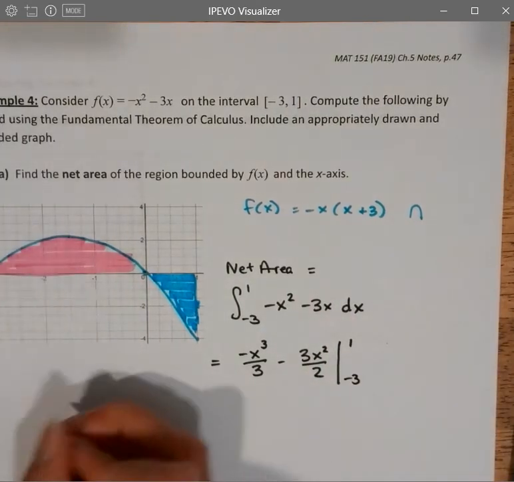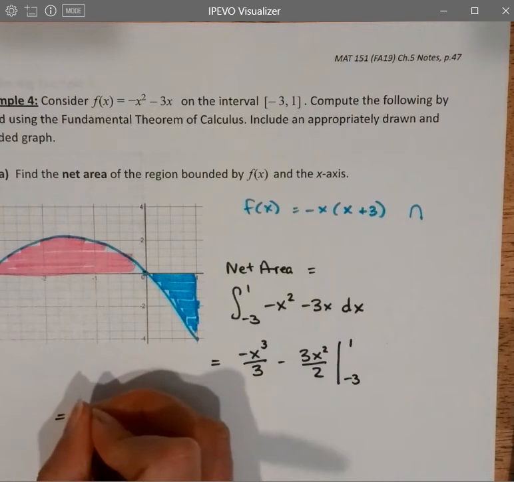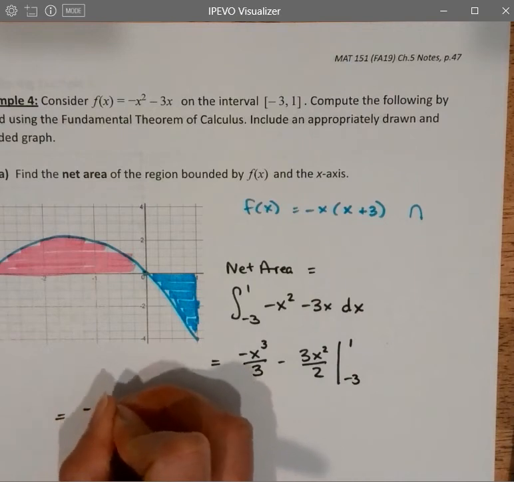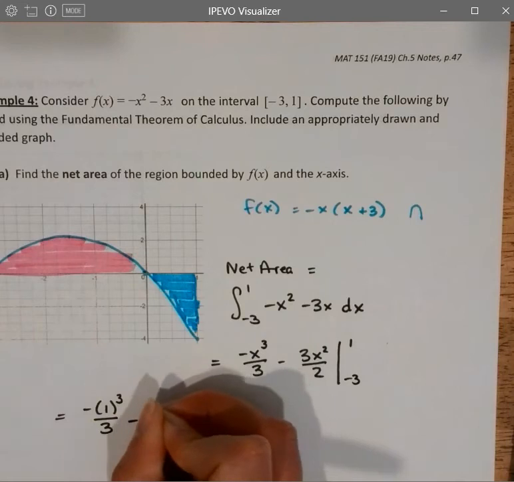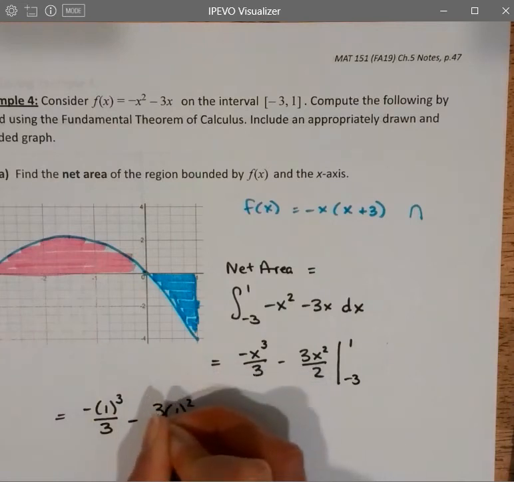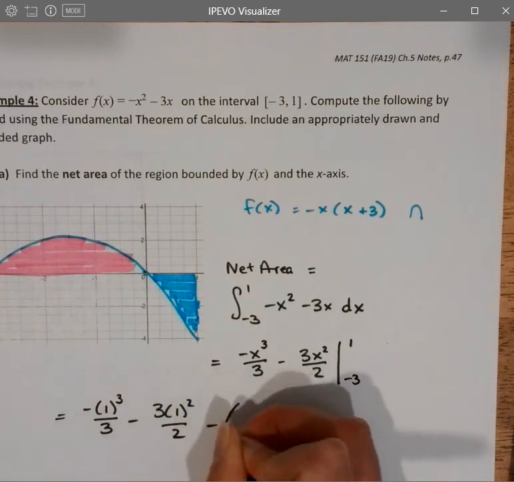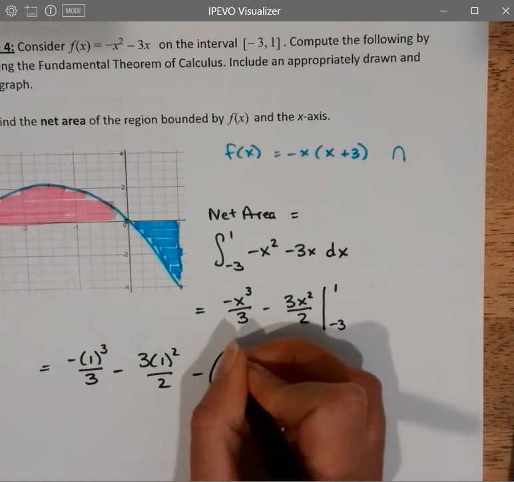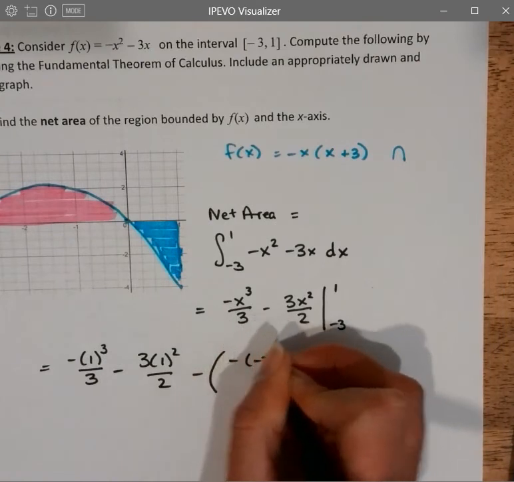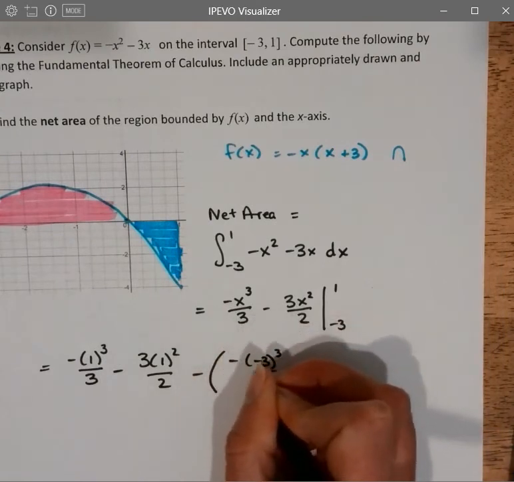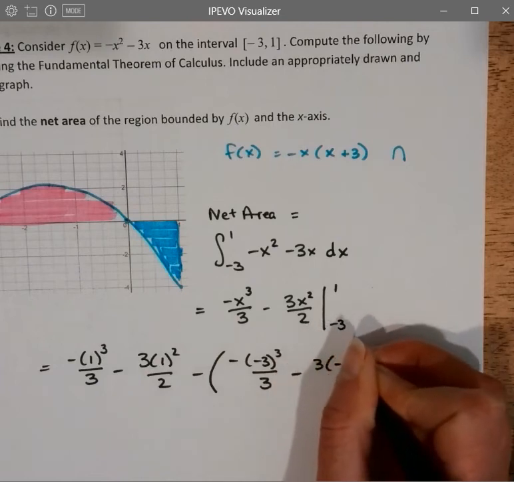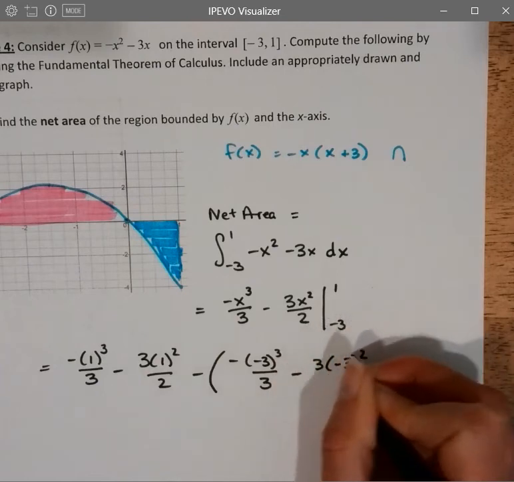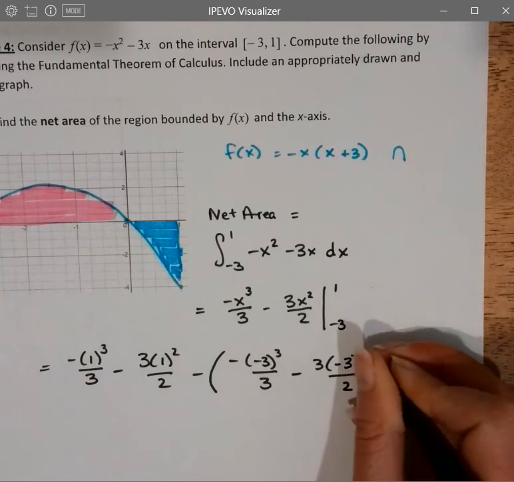Now we can evaluate. I'm going to go over here for some extra space. So negative 1 cubed, upper bound first, over 3, minus 3 times 1 squared over 2, minus negative 3 cubed over 3, minus 3 times negative 3 squared over 2.